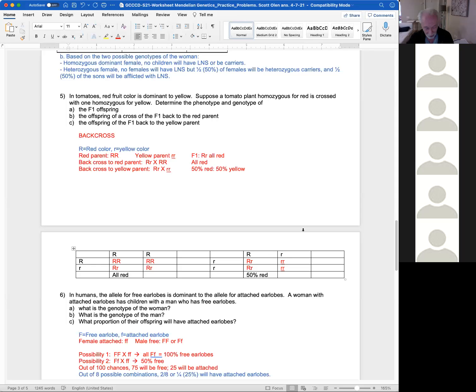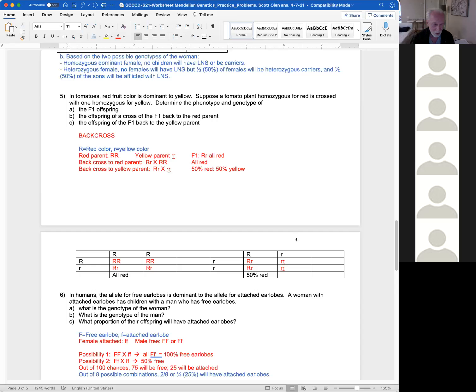Well, look at the Punnett square and see what the possibilities are. I mean, what you see here are the gametes. And these are the only gametes that are possible. So what you see in the Punnett square are the only possibilities.